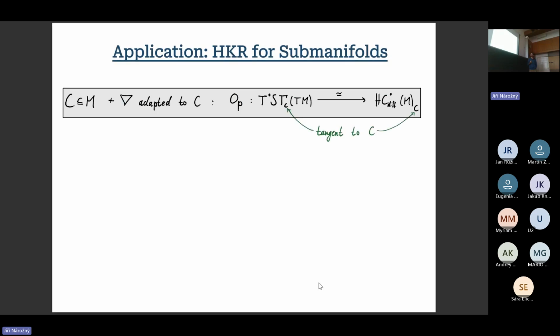What you can then check is that the symbol calculus we defined at the beginning is really an isomorphism, but this time also between the tangential Hochschild complex, whose elements are differential operators which are tangent to the submanifold, meaning that if you restrict them to the submanifold, they are differential operators on the submanifold, and the tensor algebra of the symmetric algebra of the vector fields tangent to C. So we globally define vector fields which on the submanifold restrict to vector fields on the submanifold.